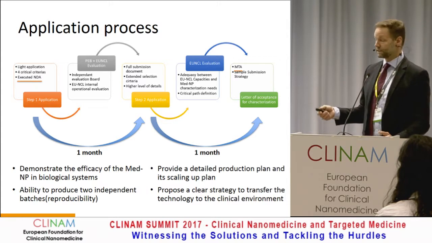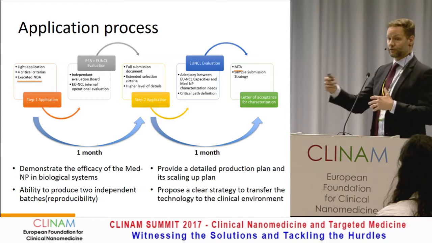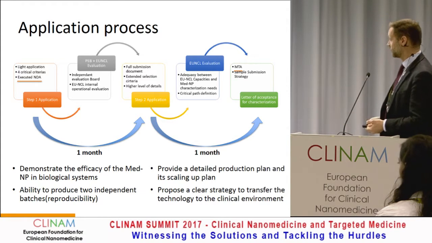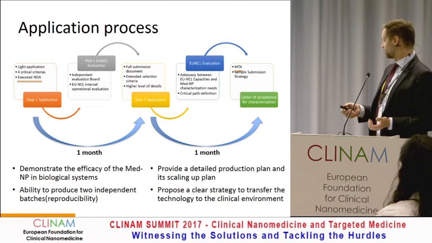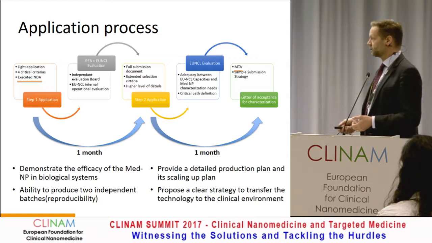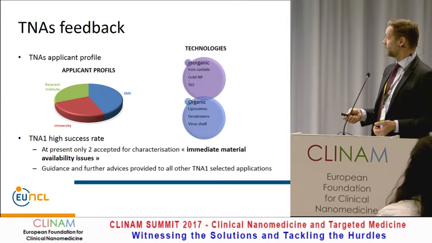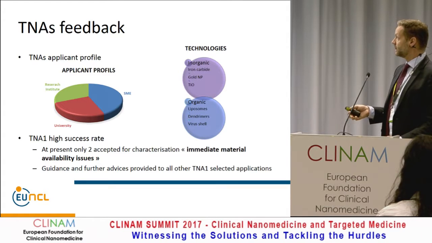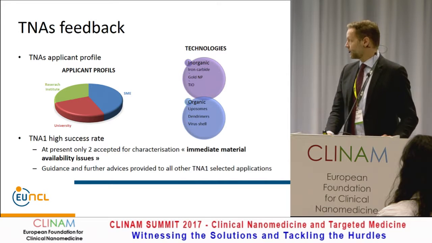Of course, to provide detailed production plan and scaling up plan, because this is going to be the further step after EUNCL, to go to the clinics, and propose a clear strategy to transfer the technology to the clinical environment. How to provide your drug, and what would be the route of administration, for example.